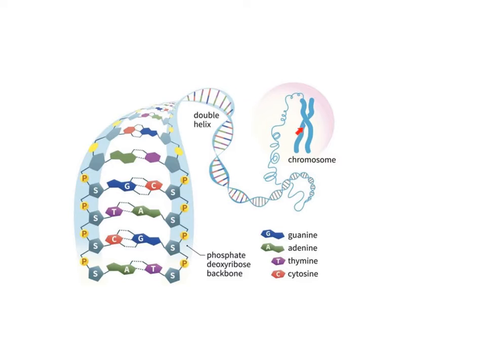Technically, each of these DNA molecules is two molecules, two polymers, one from 5' to 3', the other from 3' to 5', wound together in a double helix, all wound together really tightly into this thing we call a chromosome.